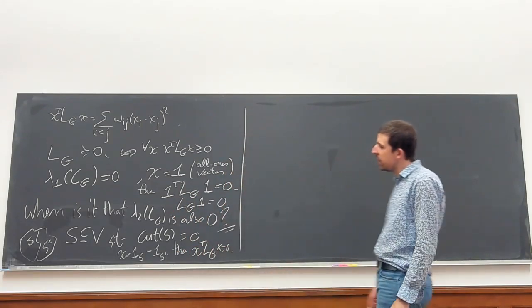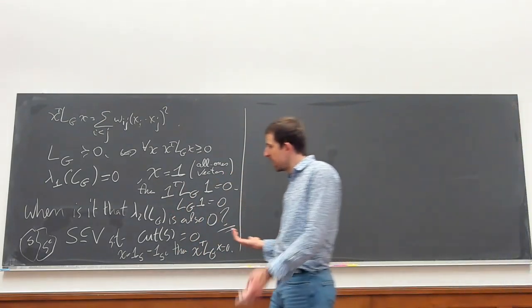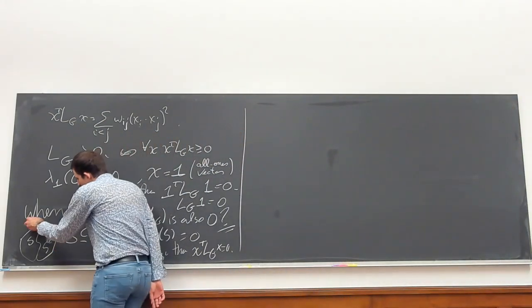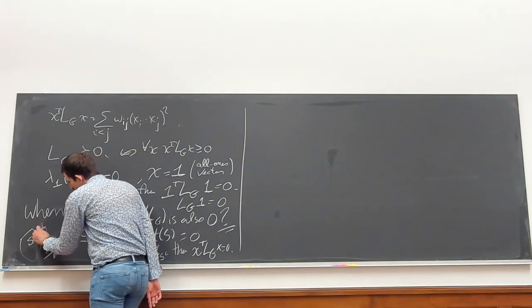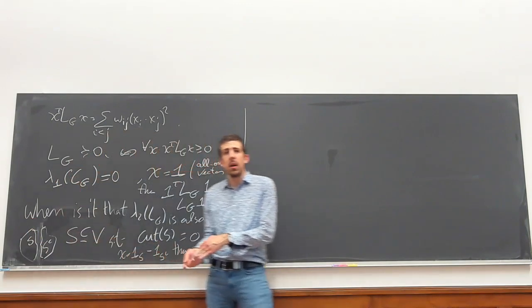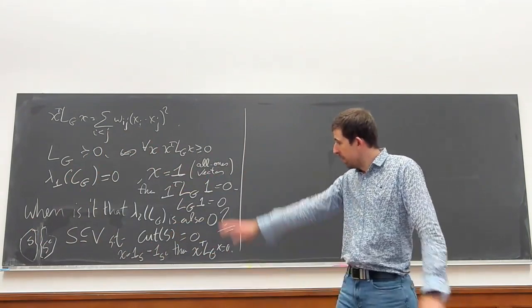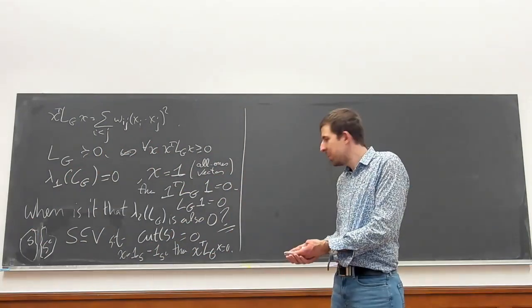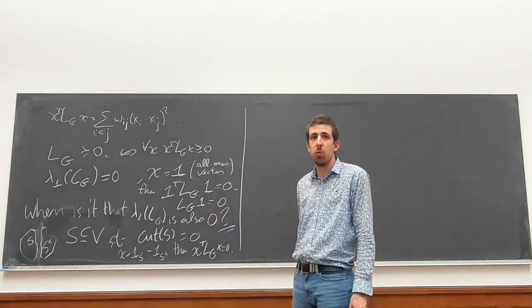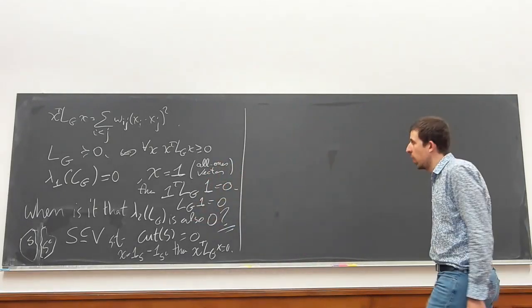So this is already hinting at the fact that if the graph is disconnected, if there is no edge in between, then there's another vector that lies in the null space. And if neither S nor S complement are empty, then this vector is not a linear combination of ones, right? These entries will be different, and therefore lambda 2 will be 0.